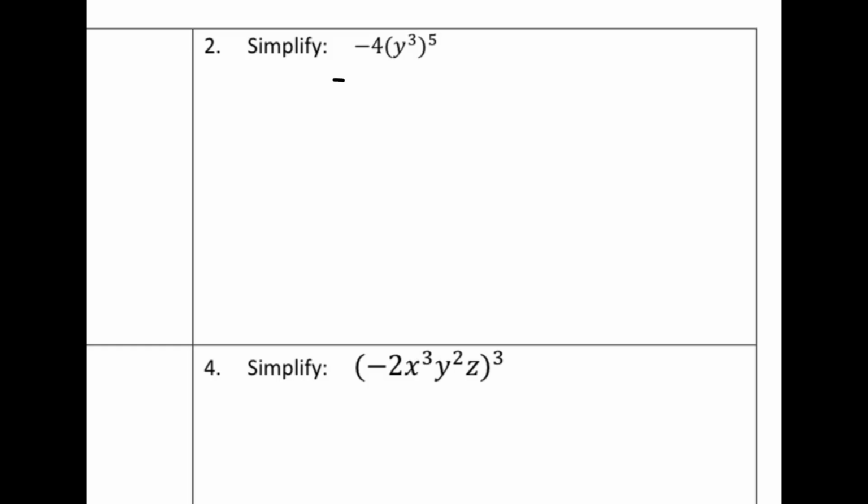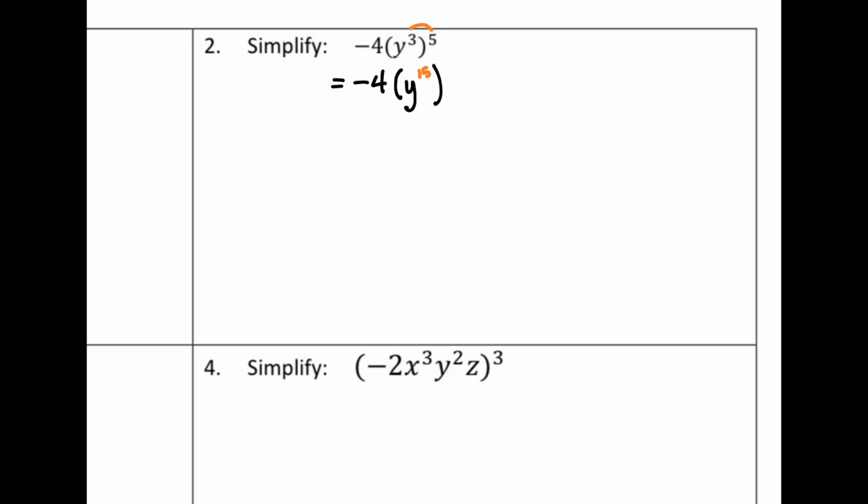So that means the negative 4 comes down, and now technically we have 5 of these, right? I wouldn't want to do that either, so I'm going to do the shortcut, which is the rule we just learned. You multiply those two. So I get y to the 15th.